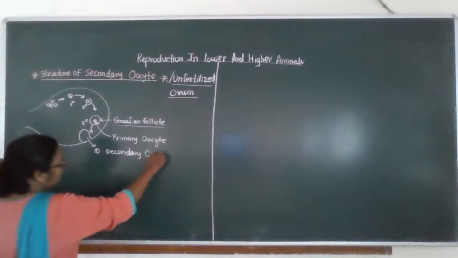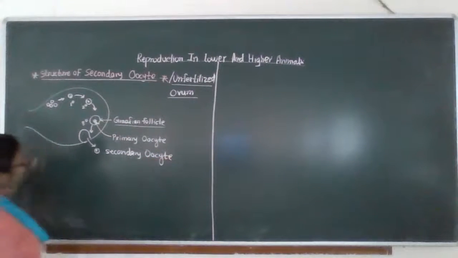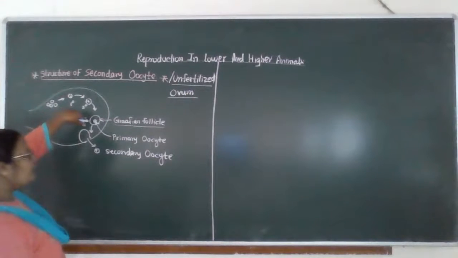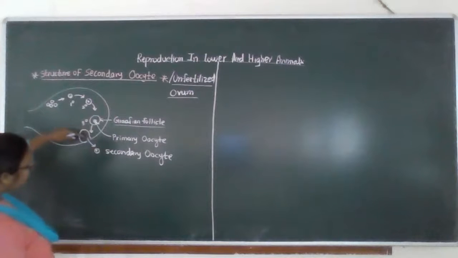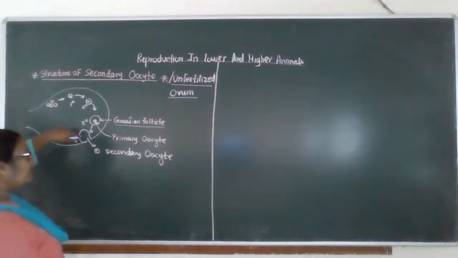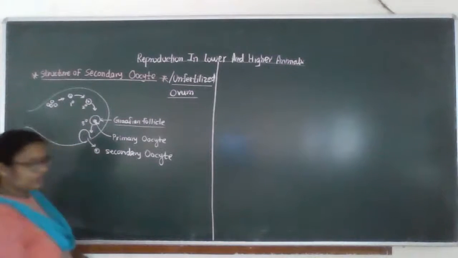So during early tertiary follicle formation, it is a primary oocyte, but when it gets fully matured and turns into the Graafian follicle, it has a secondary oocyte.